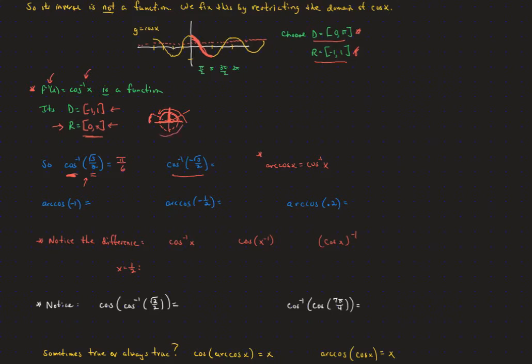You could also get there doing a negative 7 pi over 6, but there is only one correct answer. And remember, an output to an inverse cosine has to be between 0 and pi, so the only correct answer to an inverse cosine of negative square root of 3 over 2 will be 5 pi over 6.